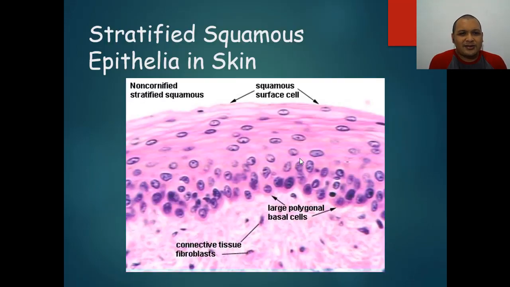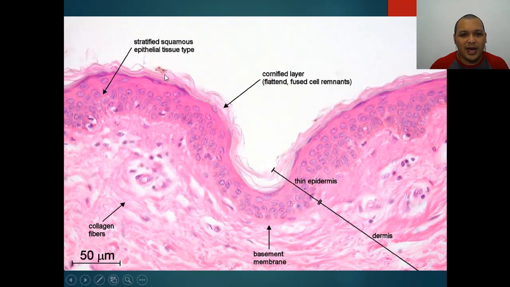Now we have stratified. Stratified means more than one layer, and in our body we can find it simply in the skin. Yes, on the surface of our skin we can find this type of squamous epithelia. Why is it stratified?